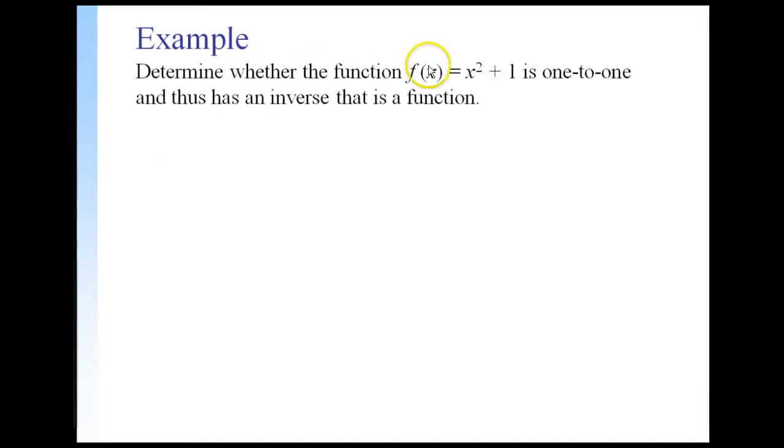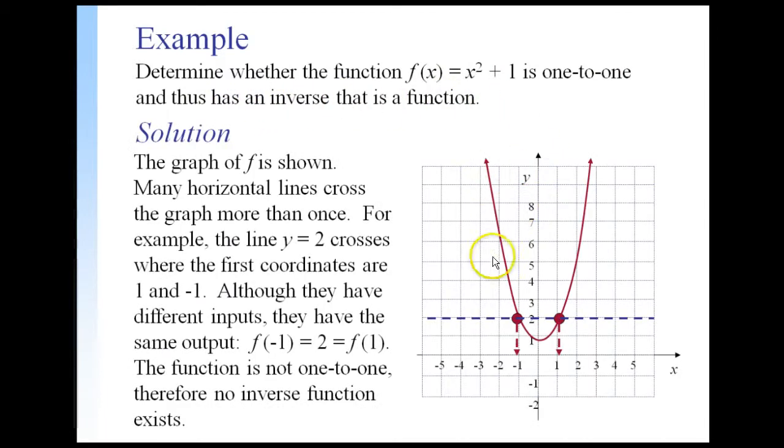So determine whether this function, which is a parabola, is 1-to-1, and thus has an inverse that is a function. Well, there's this parabola, and we see the horizontal line, which is illustrated as a dotted line that's passing down, intersects more than once. So this is not a 1-to-1 relationship, and its inverse is not a function.